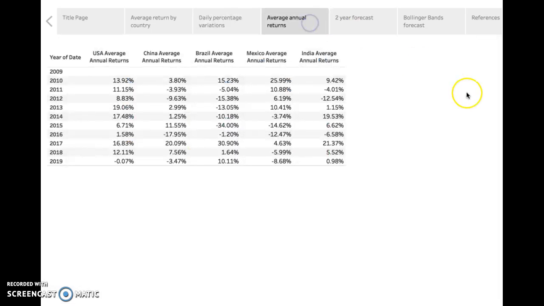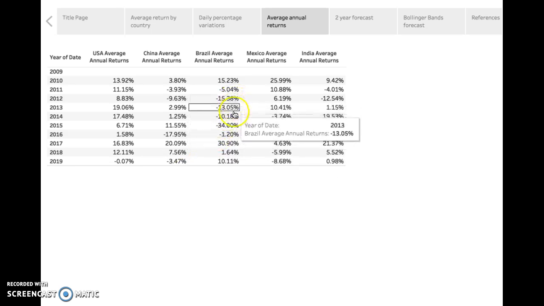So let's take a look at the average annual returns. What strikes us here with this presentation is that the United States has positive returns almost every single year. 2019 has not concluded yet, so we don't know what the result will be. And once again, the same thing can't be said for others.